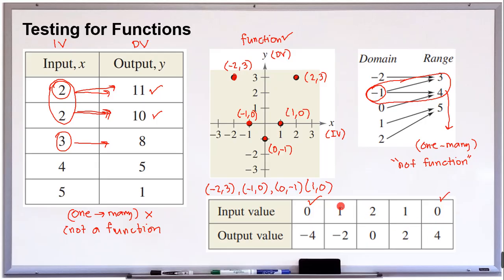So therefore, we have one value of our independent variable that corresponds to many values of our output or our dependent variable. So for 0, we have a one to many relation.